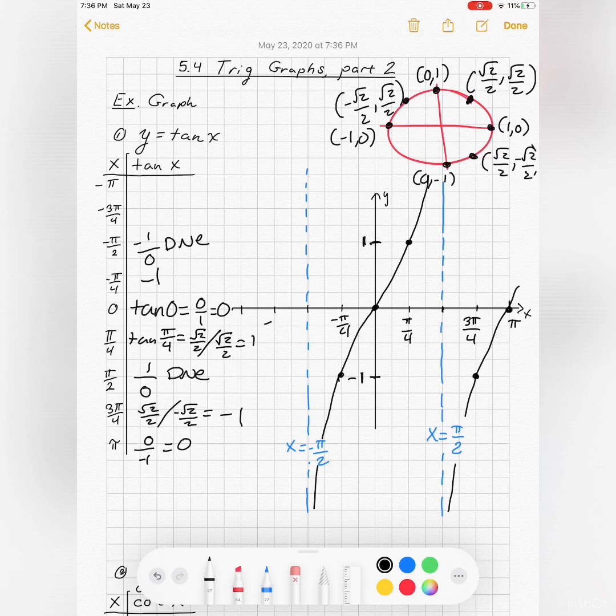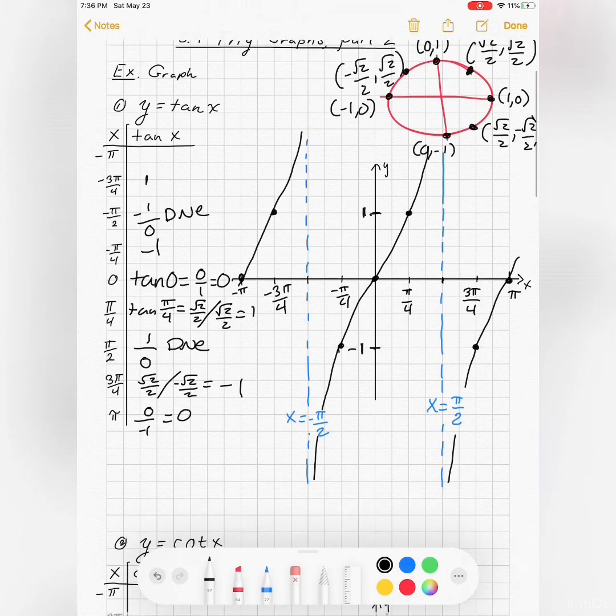Negative 1/4, negative 2/4, negative 3/4. That's going to be positive 1. Negative pi is going to be 0. And do you see? Okay. So there's my graph of tangent.